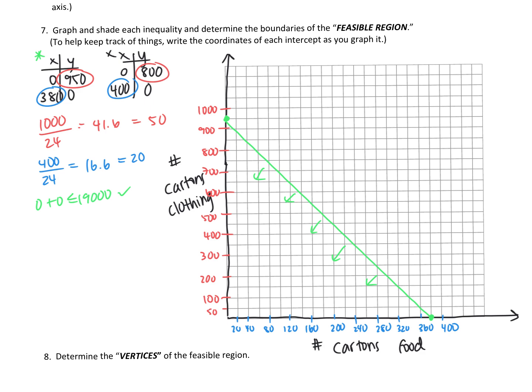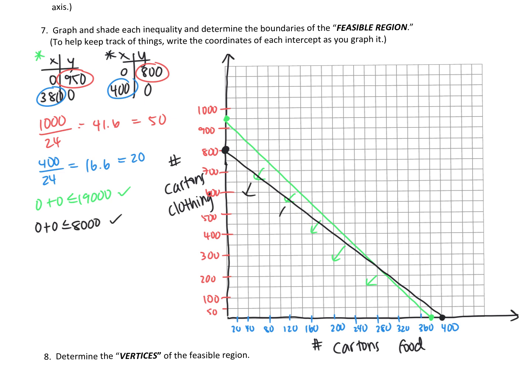And this is just the inequality from the previous page. So then I'm going to do the second inequality. I have 0, 800 and 400, 0. And again, if I plug in 0, I get 0 plus 0 is less than or equal to 8,000, which is true.